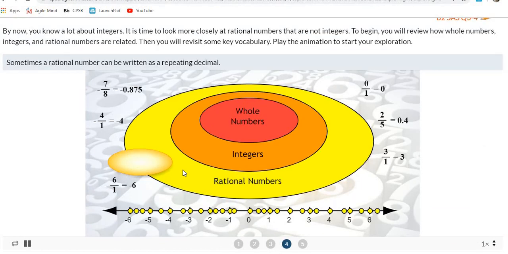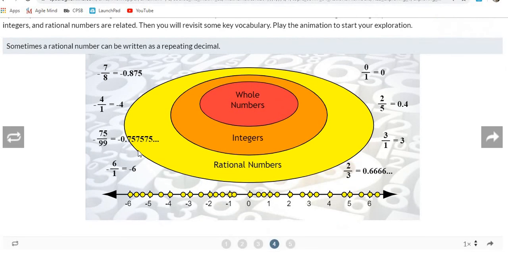Sometimes rational numbers can be written as repeating decimals. For instance, this is a repeating decimal of 0.75 repeating, and 2/3 is a repeating decimal of 0.6 repeating. But it's considered a rational number. It's not an integer or a whole number. Its only definition that applies is a rational number.